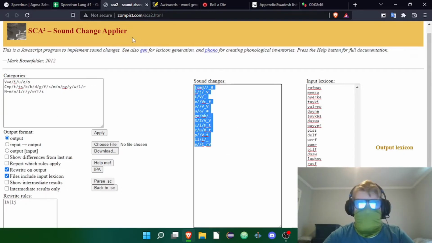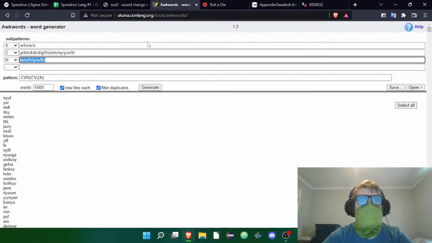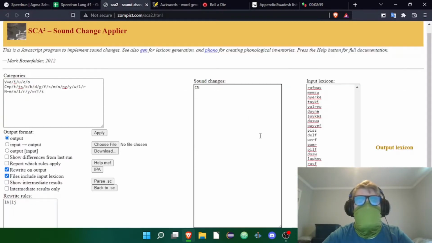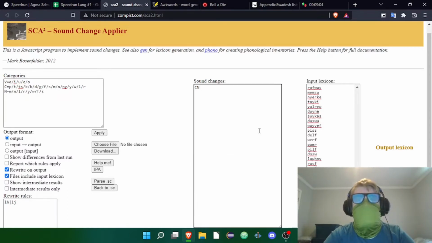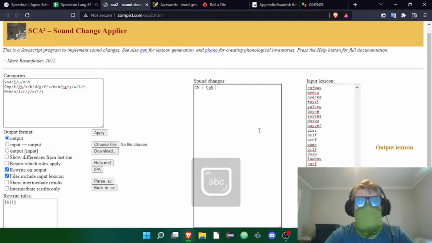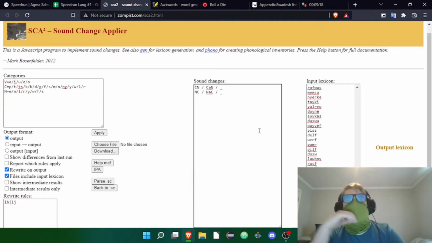Alright, now we need our rules. Let's say that when a consonant and a coda are together, there is a sound that's inserted epenthetically in all circumstances for both combinations.